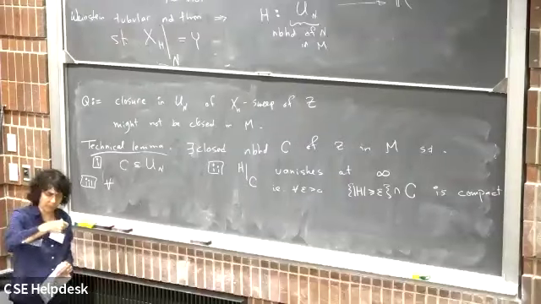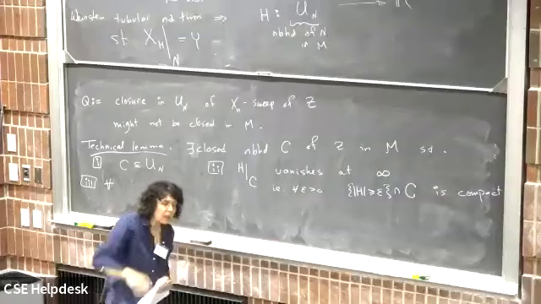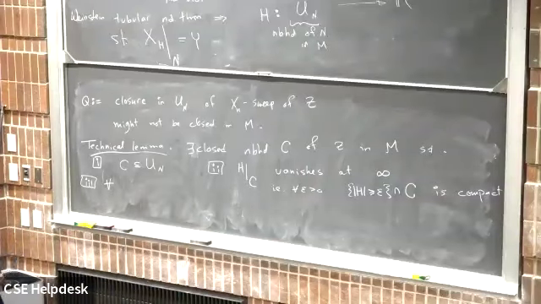This is by the escape lemma. If it is not defined for all positive times, it has to escape every compact subset, in this case of the tube of the Weinstein neighborhood. But in that situation, we want to choose C narrow enough so that you will exit C.